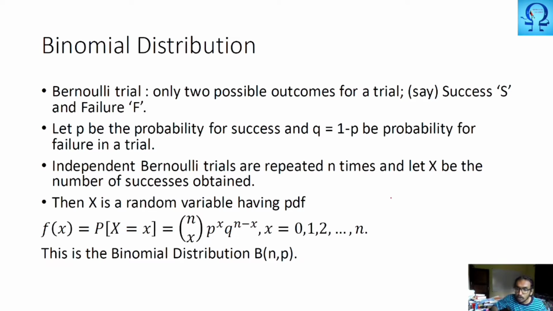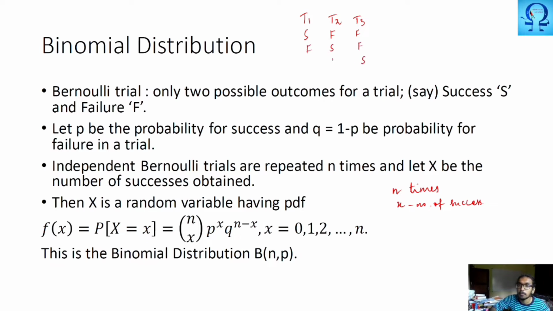Now let us see how we get the mass function of this. You are performing this experiment n times, and x is the number of successes that you are getting. Let us consider the simple case. Suppose you are performing this experiment three times. Let us take trial 1, trial 2 and trial 3. When I say you obtain one success, there is a chance that you obtain that success in the first trial and failure in the other two trials, or success in the second trial and failure in the other trials.